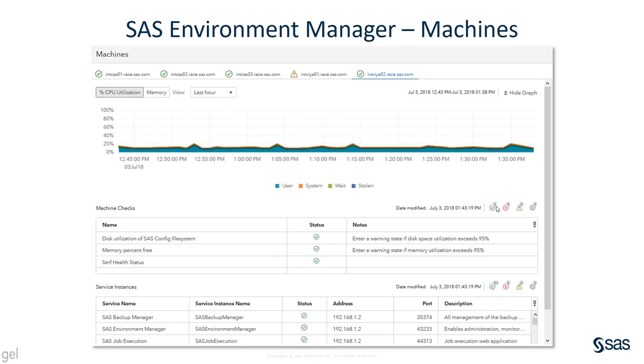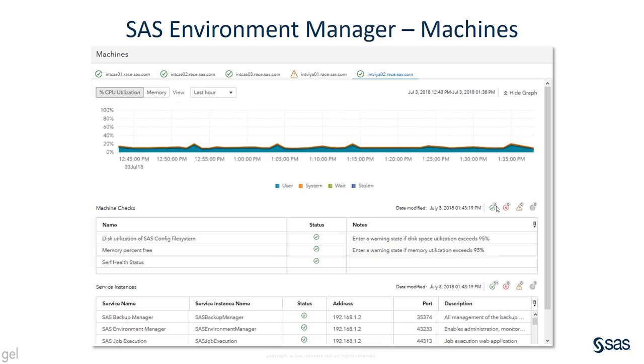CPU, memory, what services are up and running, which ones are down. We have a series of alerts in the middle of the page. So certain things that happen during the day that I want to keep tabs on. It's a very nice way for me to, in one place, keep an eye on each of my machines.